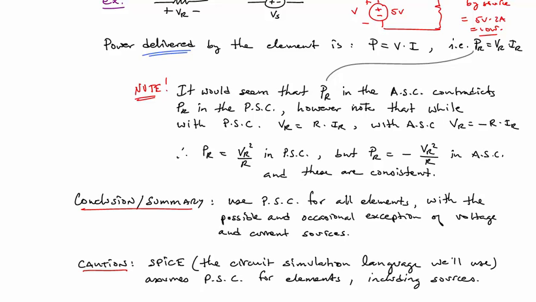When we use SPICE, which is an acronym for a computer circuit simulation tool, that tool always assumes passive sign convention for elements, including sources. That won't make much sense to you right now, but I just want to point it out, so that when we start using SPICE in the next week or two, you will remember that even with sources, all elements in SPICE are treated as using passive sign convention.